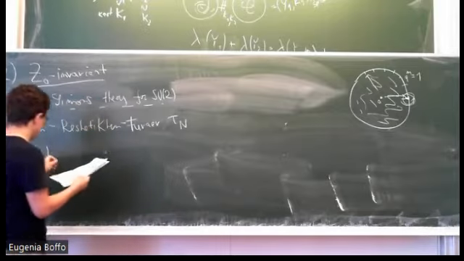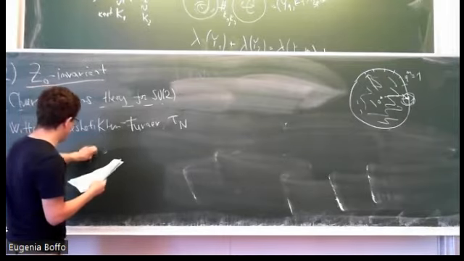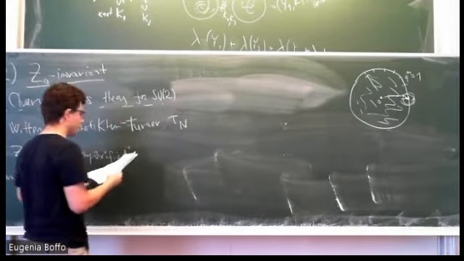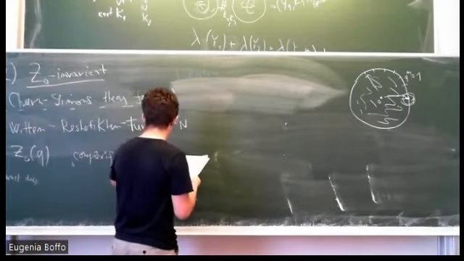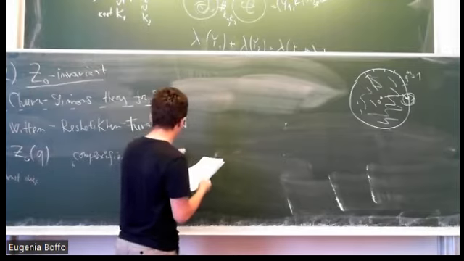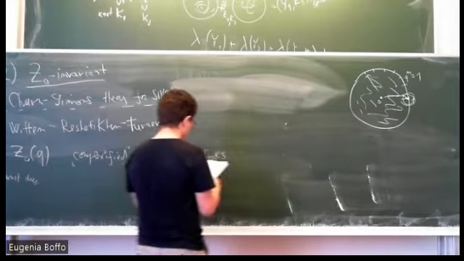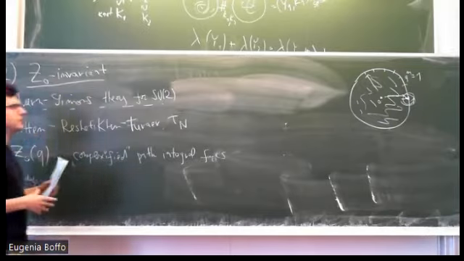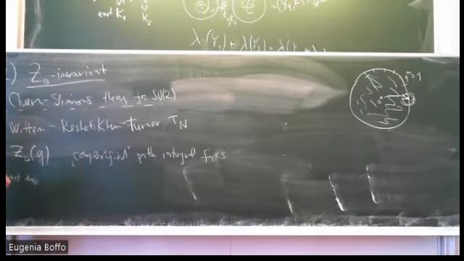And so you can think about it as a complexified, analytically continued path integral. And if you take limits to the roots of unity, you will recover the usual well-defined Witten-Reshetikhin-Turaev invariant, which is defined using quantum groups.